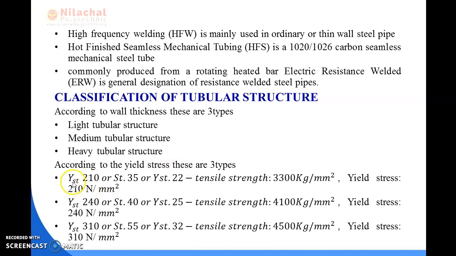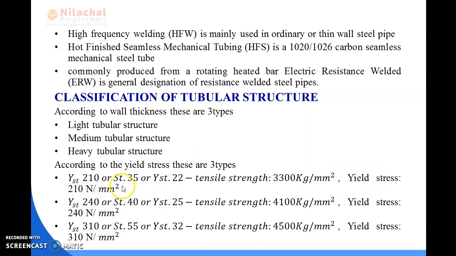The first one is YST210, also known as ST35 or YST22. These are the grades of the tubular structures, in which the tensile strength is 330 N per mm square and the yield stress is 210 Newton per mm square.